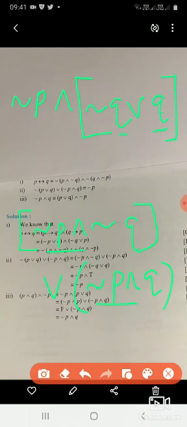If you see the complementary law in your textbook, it is negation of P and this is true. That is by the complementary law. Now next one, any statement, negation of P or P, it is a statement or negation of the statement, and T, true. Then the identity law: any statement and true is that statement itself. Therefore, it is equal to the right hand side, negation of P.